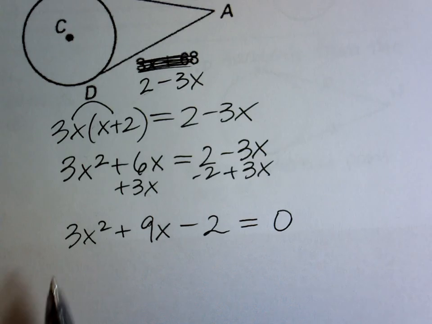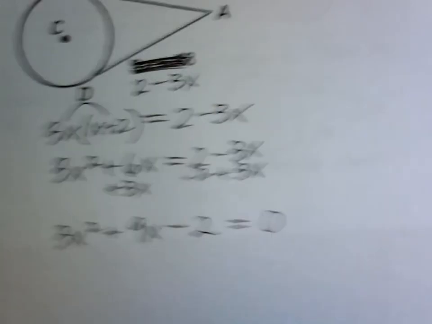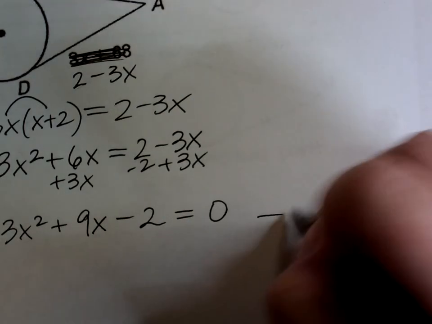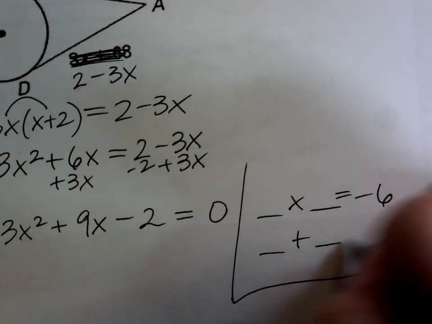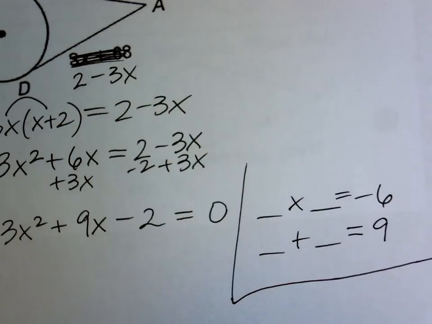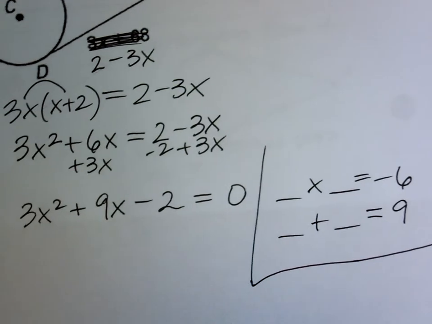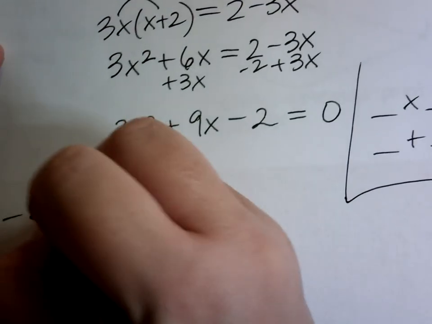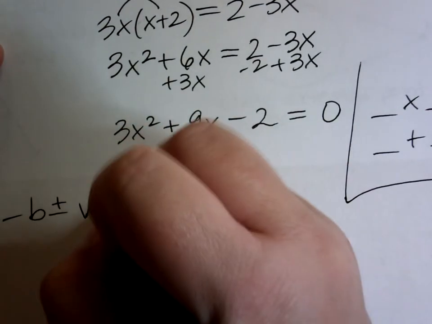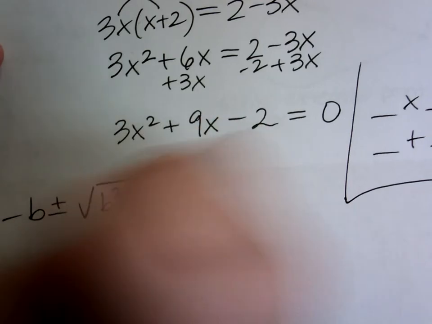If I multiply 3 times -2, that gives me -6. And if I'm looking for two numbers that multiply to give me -6 and add to give me 9, I'm not going to find those numbers. They don't exist. That's not factorable. So if it's not factorable, I would have to use the quadratic formula, which looks like this.